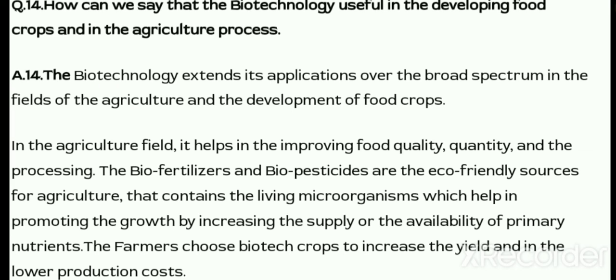Biofertilizers and biopesticides are eco-friendly sources for agriculture that contain living microorganisms, which help in promoting growth by increasing the supply or availability of primary nutrients. Farmers choose biotech crops to increase the yield and lower the production cost.